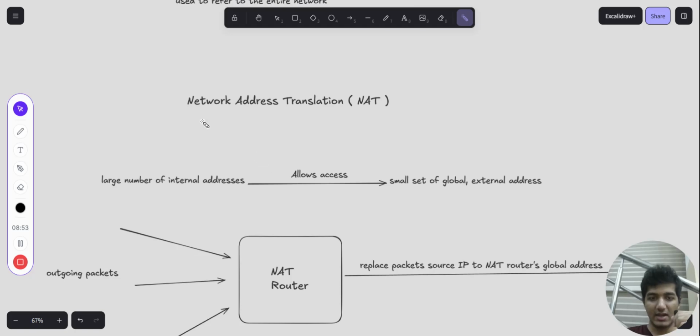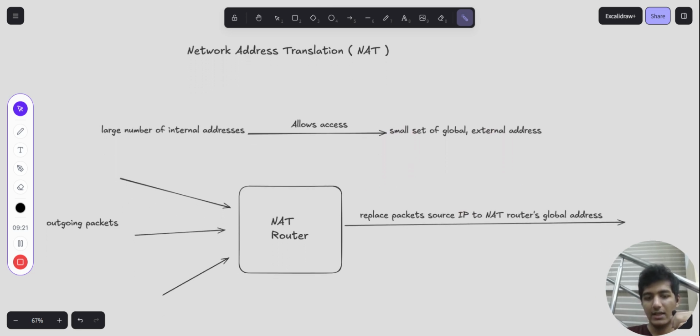Next, we come to network address translation. Network address translation is used to serve a large number of local IPs using just a few global IPs. So you can essentially provide connections to multiple hosts using very few IP addresses. A large number of internal addresses still get access using a small set of global external addresses.